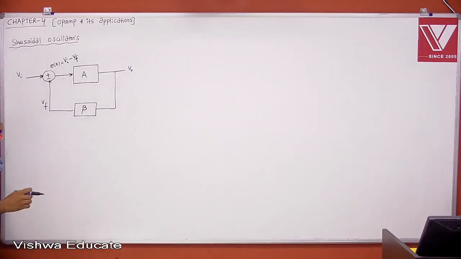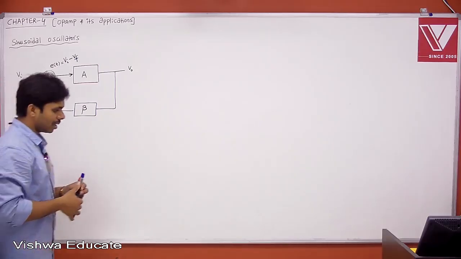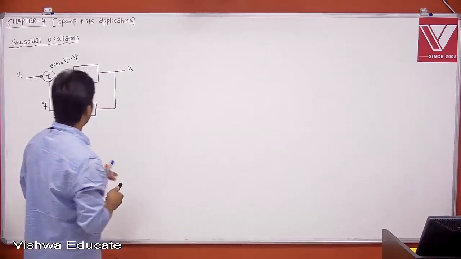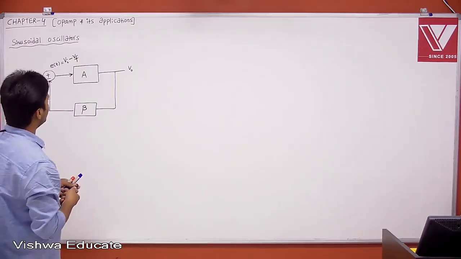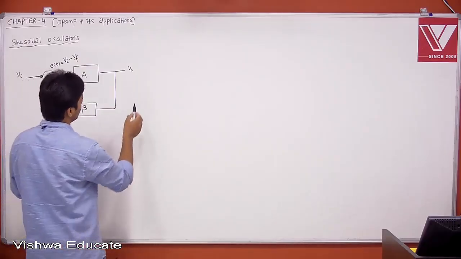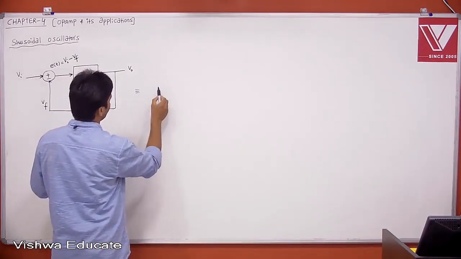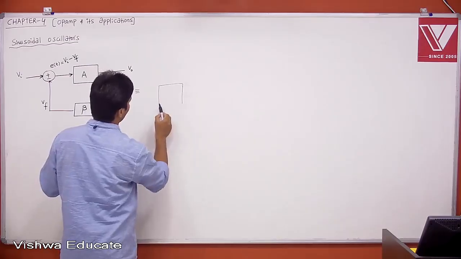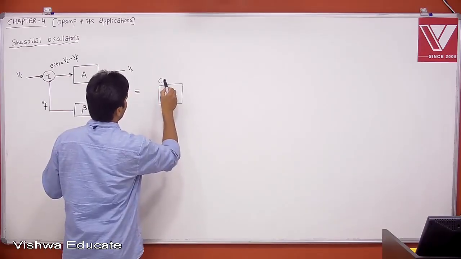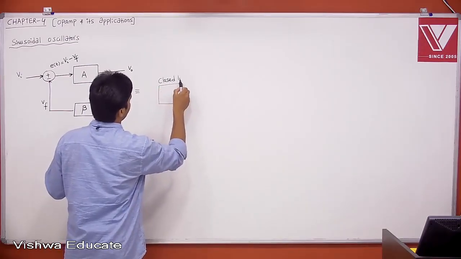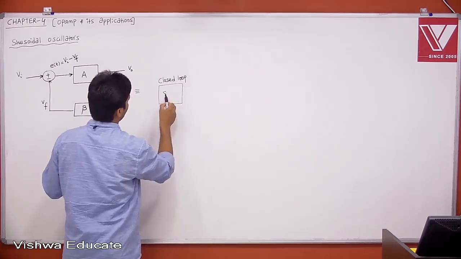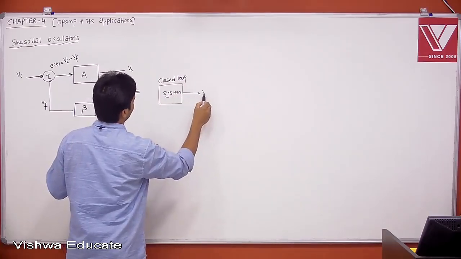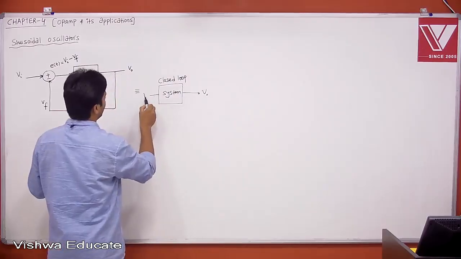Okay, then I told you, right, now I want to explain system stability. If I represent this equivalently, this is your system, this is your closed loop system, defined with V0 and Vi.